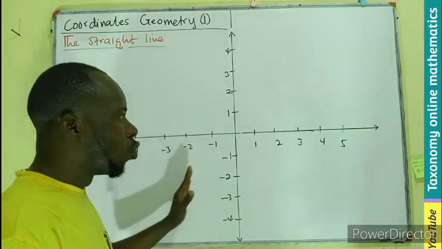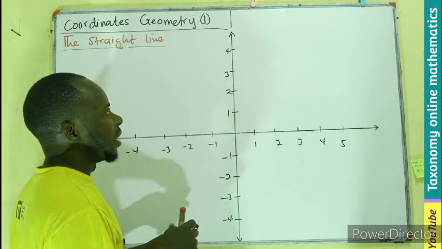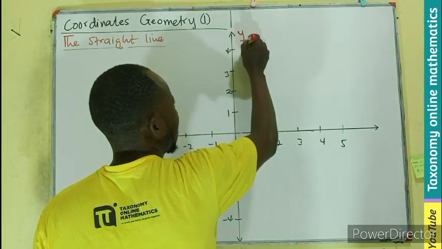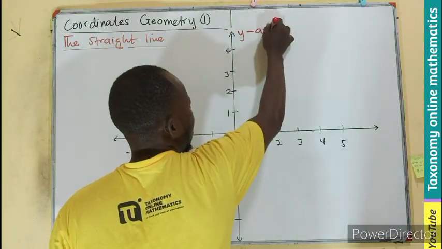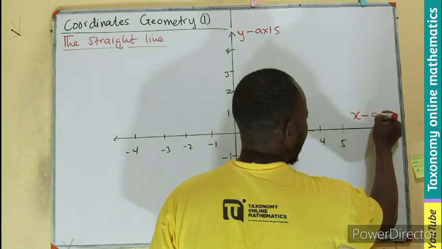Now we have two axes. The vertical axis is called the y-axis, then the horizontal axis is called the x-axis.